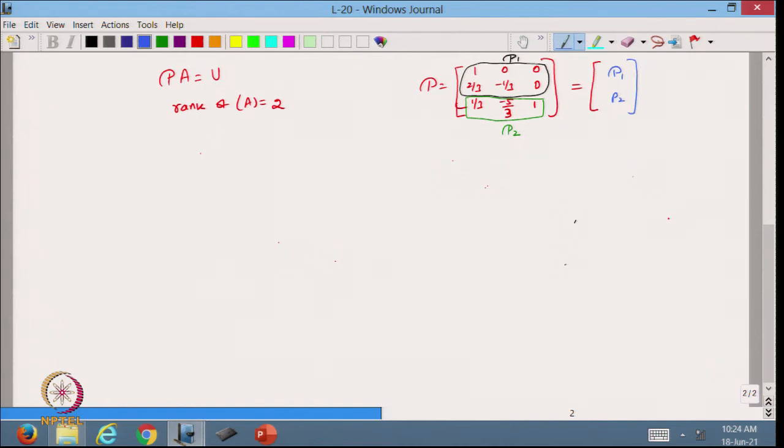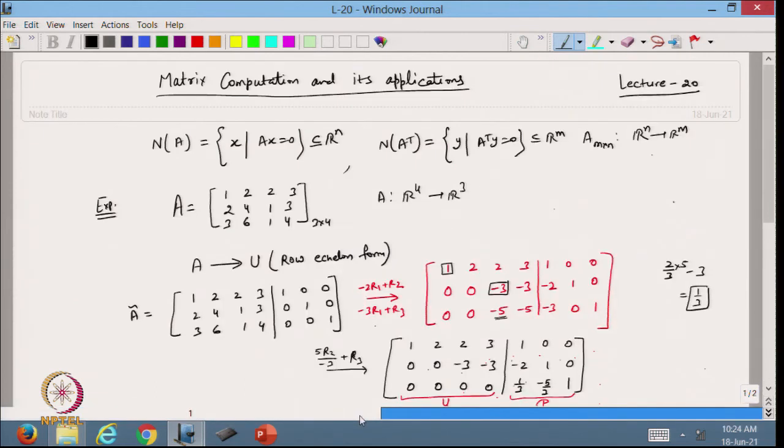Now, from here we can very clearly see that the range space of the matrix A transpose will be spanned by the non-zero rows corresponding to the given matrix, because it is in row echelon form.